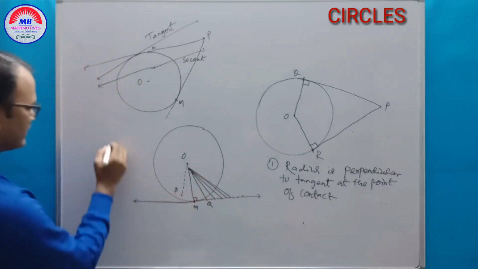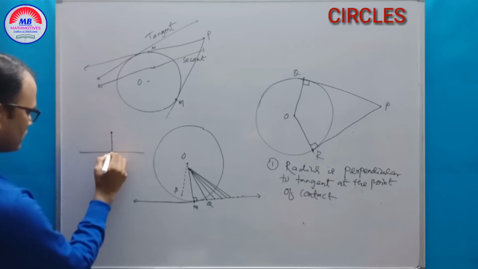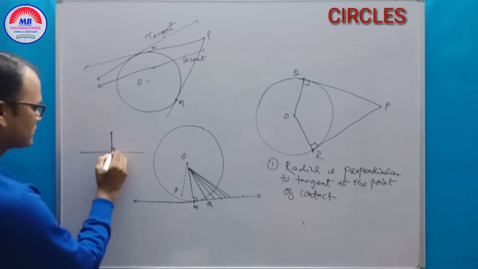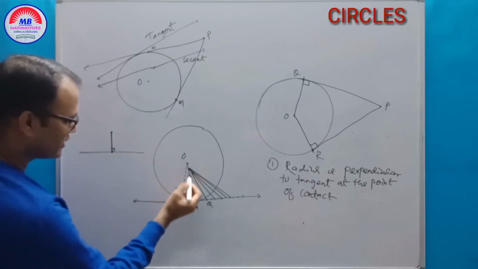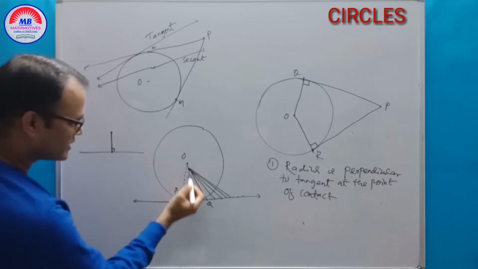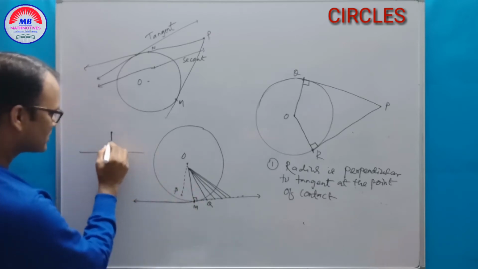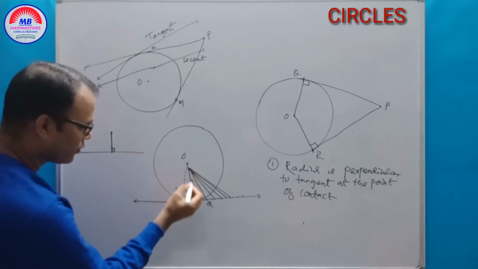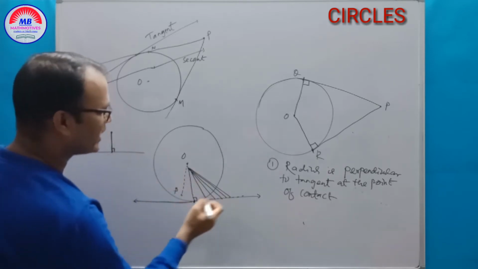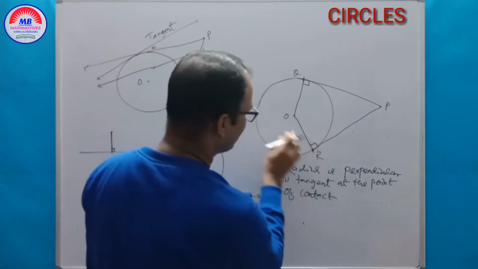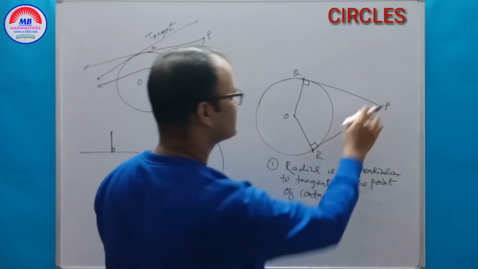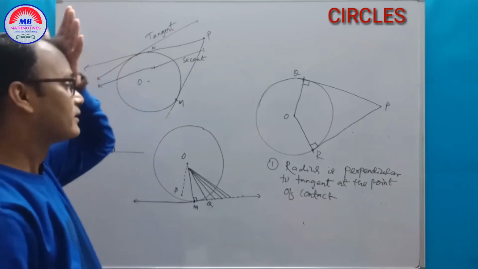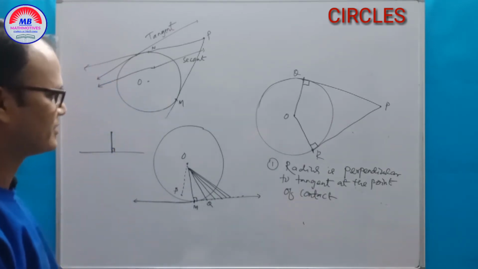You know that if you draw a perpendicular from a point to a line, it is called the shortest distance. So OM is the shortest distance, so OM is perpendicular to the line. Similarly, OR is the radius. So the radius is perpendicular to the tangent. Clear?